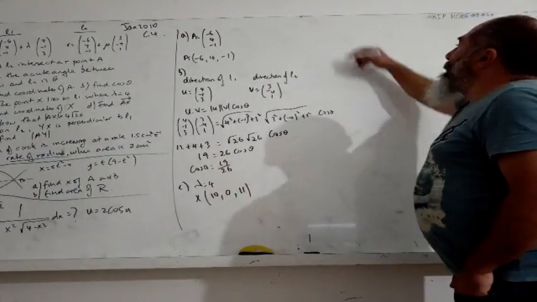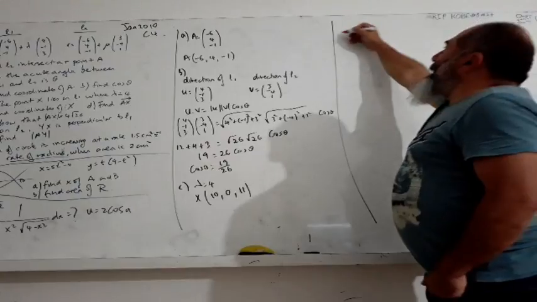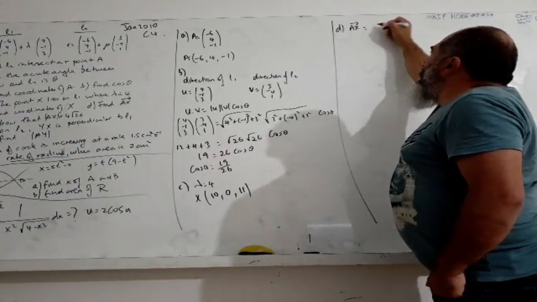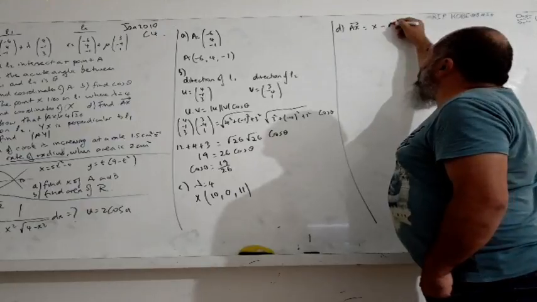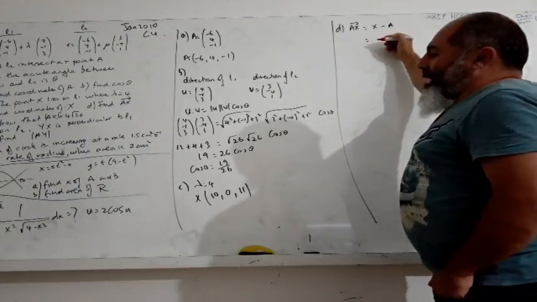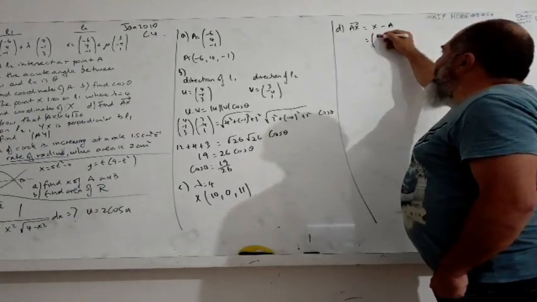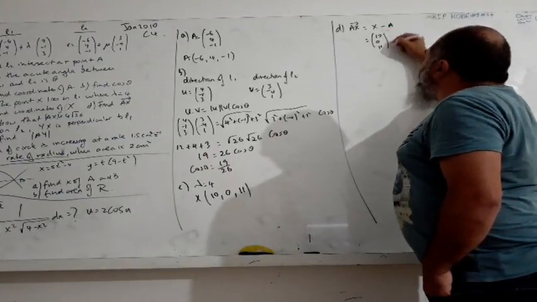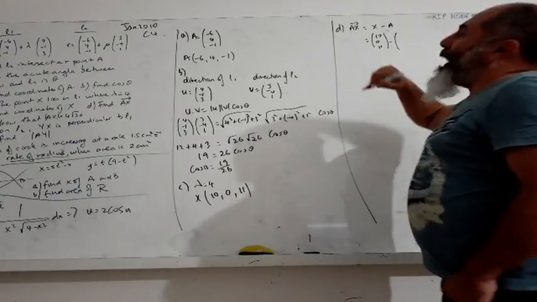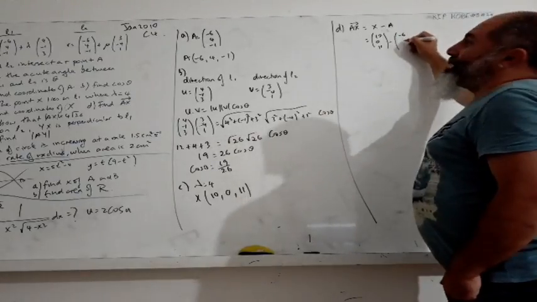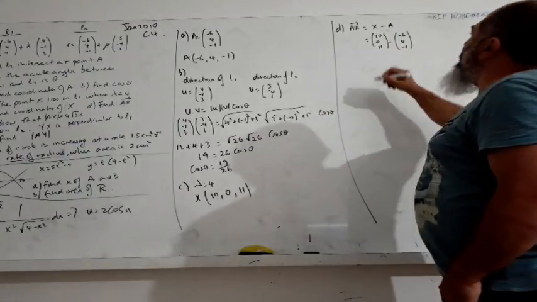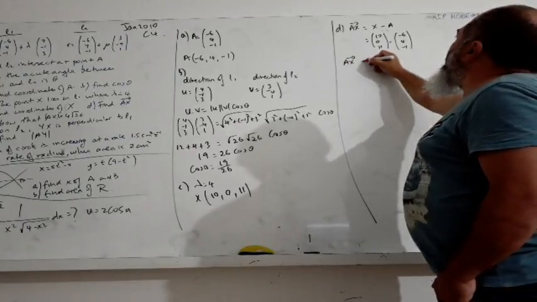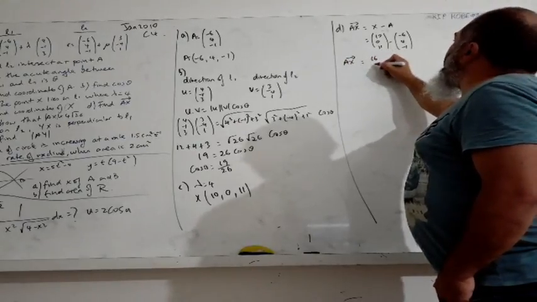Part D. AX is equal to X minus A, and the coordinates of X are 10, 0, and 11, minus the coordinates of A, minus 6, 4, and minus 1. So AX is going to be 16, minus 4, and 12.